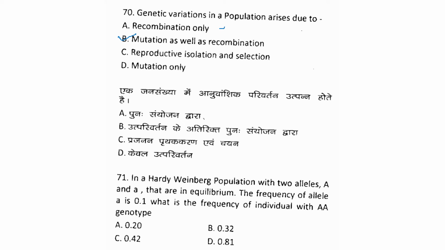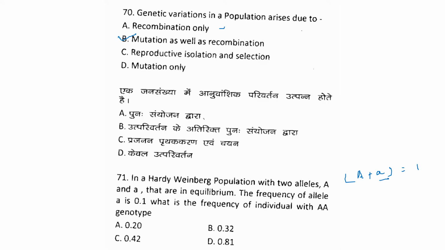Now the next question is: in a Hardy-Weinberg population with two alleles A and a, these are two alleles that are in equilibrium. The frequency of allele A is 0.1. What is the frequency of individuals with genotype aa? According to the Hardy-Weinberg law, p plus q is 1, and p squared plus 2pq plus q squared is 1.